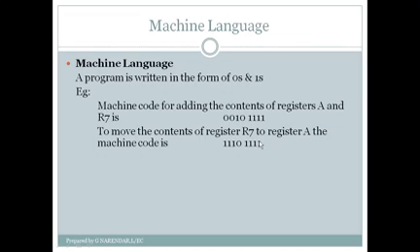Okay? So this is how we write the instructions in machine language, or this is how we write machine codes to perform a certain number of operations. Each of these machine codes will perform an operation, and if you want to perform a big task, you have to write these machine codes in sequence, and when all these machine codes are executed, the controller will perform the task.